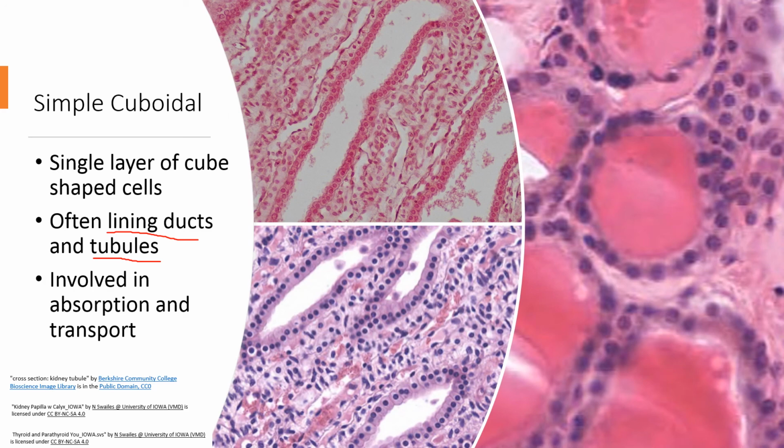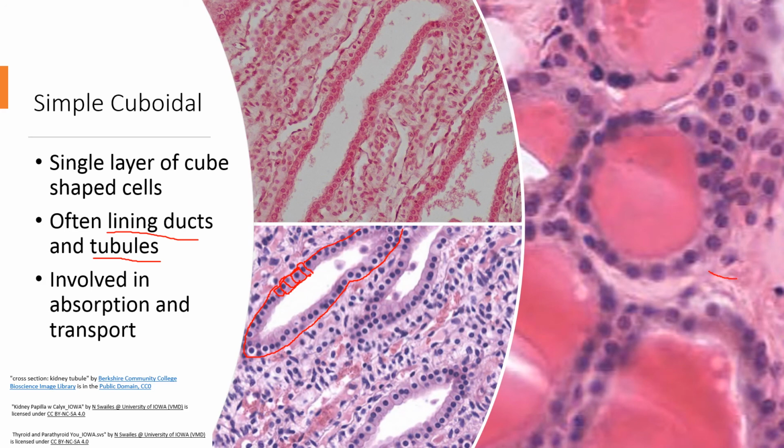So if you look really closely here, you can see the little square-like cells that are lining this tubule from the kidney. This is simple cuboidal epithelium, and you can kind of see that it forms a tube, where the tube would be coming out of your computer screen and passing through the back of your computer. So we're looking down the middle of the tube.